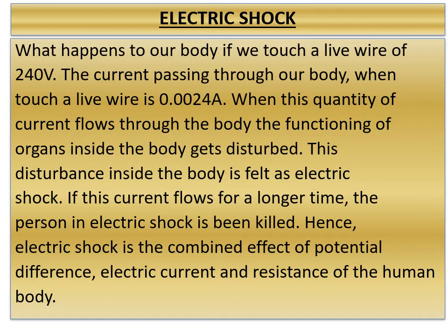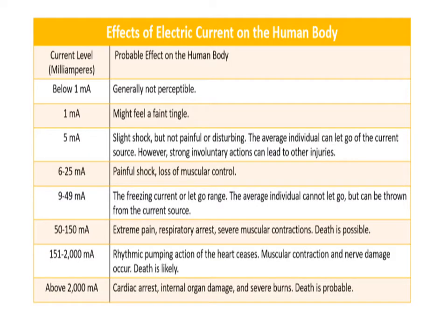As long as the current continues to flow inside the body, the current and the resistance of the human body go on changing inversely. Already we have learned that current and resistance are inversely related to each other. So we have to remember that electric shock is a combined effect of potential difference, electric current and the resistance of the body.